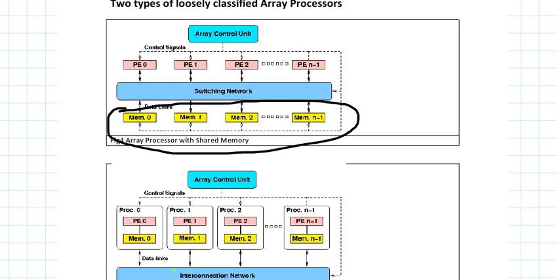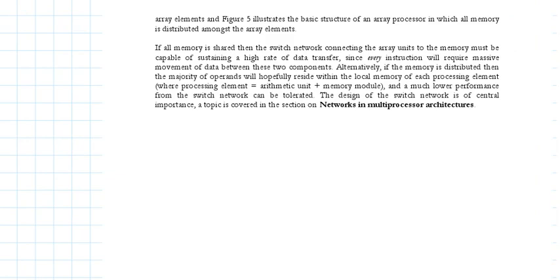And a similar thing will happen for the other processing elements also. In that case, the above problem, that is, the problem of sustaining a high rate of data transfer, gets mitigated somehow.